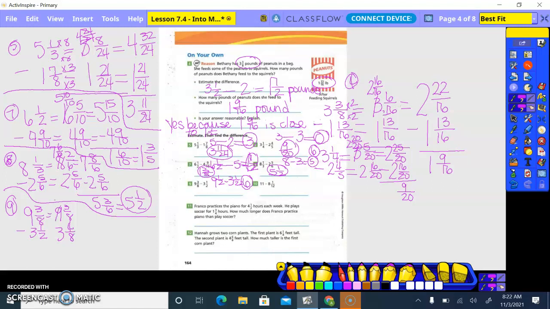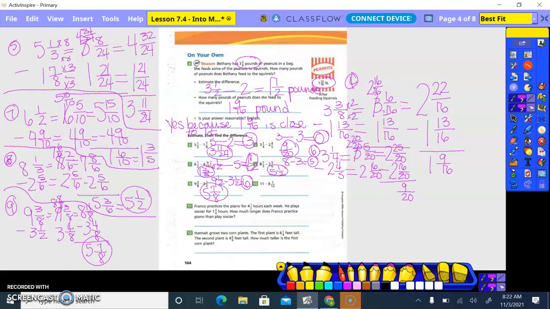So this 9 becomes 8 and 8/8, which then becomes what? 8 and 11/8, and then minus 3 and 4/8. So 11 minus 4 is 7, and then 8 minus 3 is 5. So 5 and 7/8. So is 5 and 7/8 close to 6? Yes.